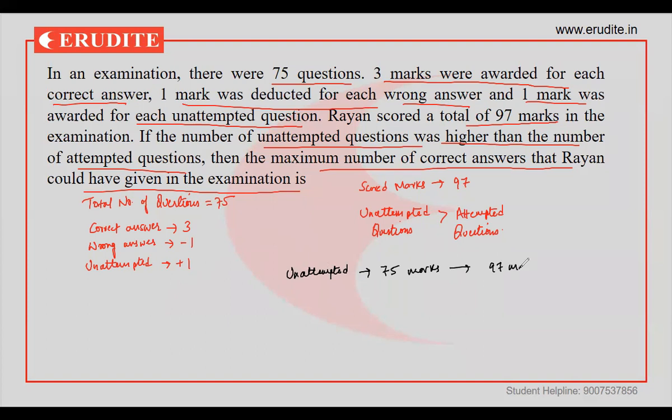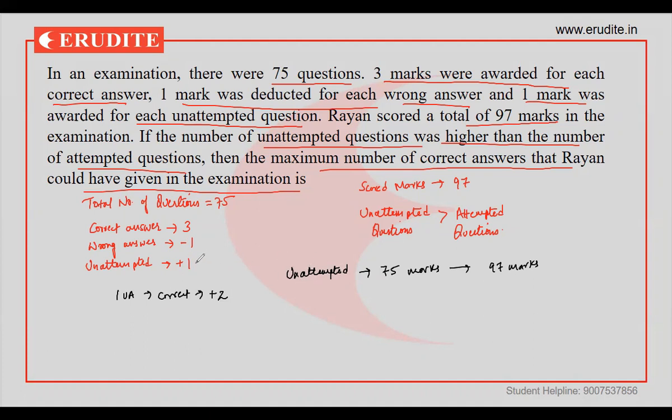That means all the 75 questions are not unattempted. Now understand the concept. Out of the 75 unattempted questions, if he is making one of the questions a correct one, he is going to get plus 2 marks extra, right? Because for the unattempted, he is already getting 1 mark.